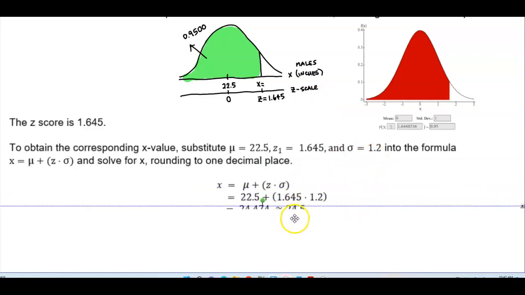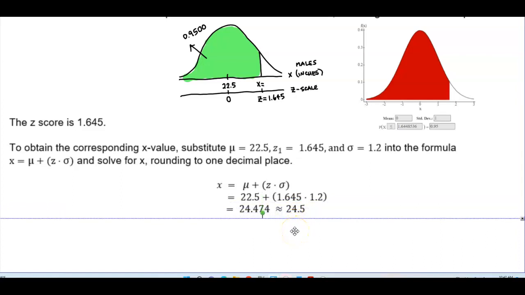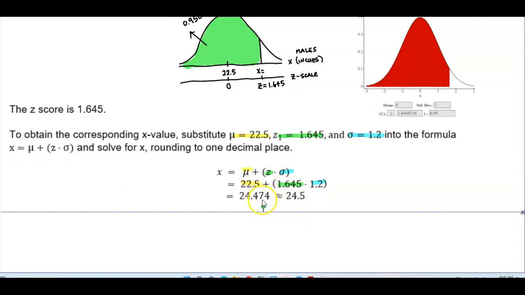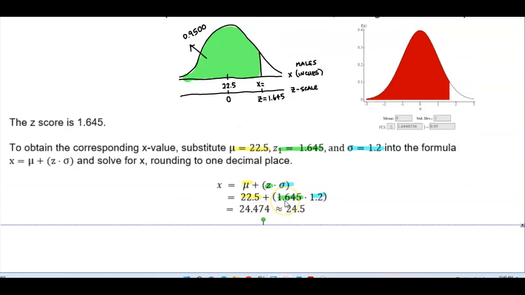So x is the mean of 22.5 plus the z-score of 1.645 multiplied by the standard deviation of 1.2. If we take 1.2, multiply it by 1.645, and add 22.5, we get 24.474, and rounding it to 1 decimal place gives us 24.5.